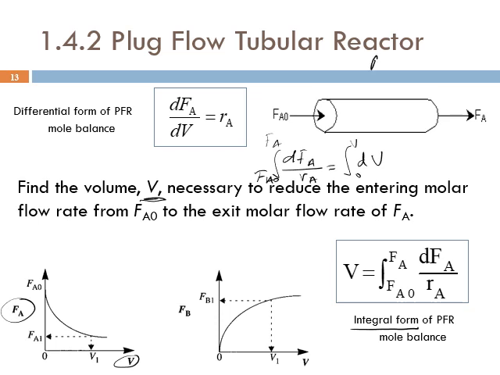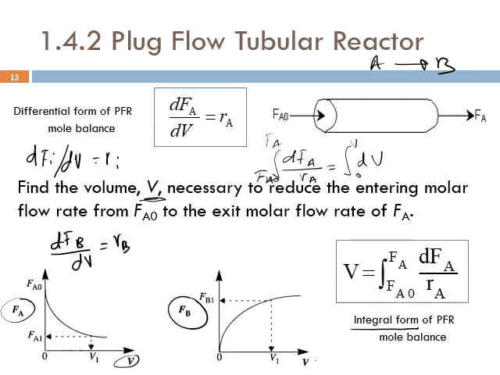So let's take this equation, A goes to B. You can write the design equation for B. Remember, the design equation was dFi by dV equals Ri. So I can write it as dFB by dV equals Rb, and then I can solve it, and I get FB versus volume.